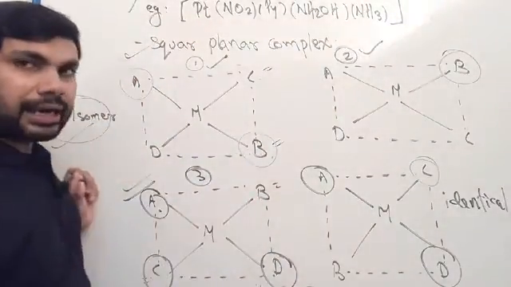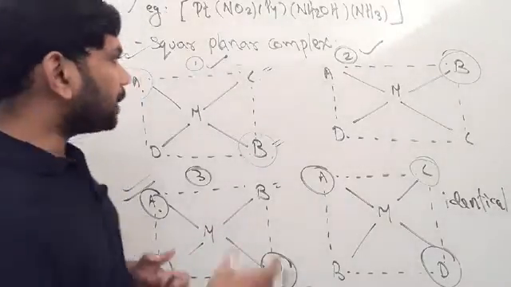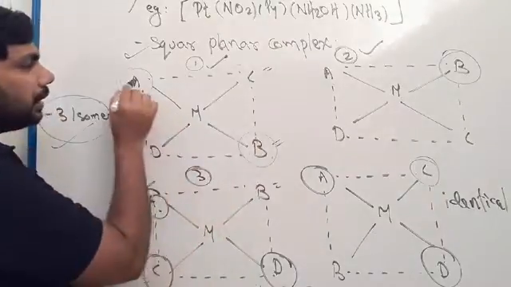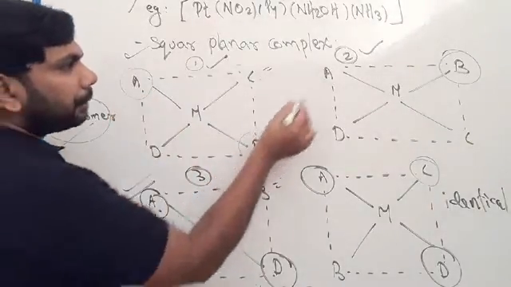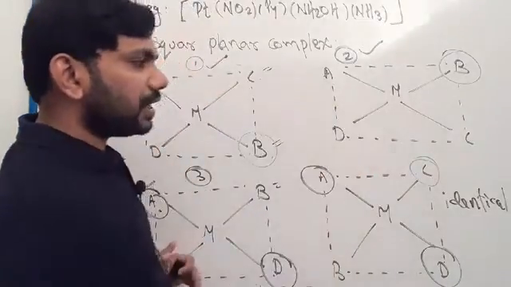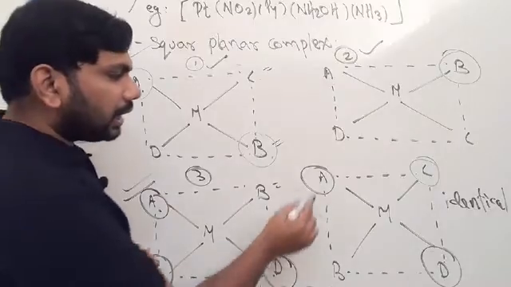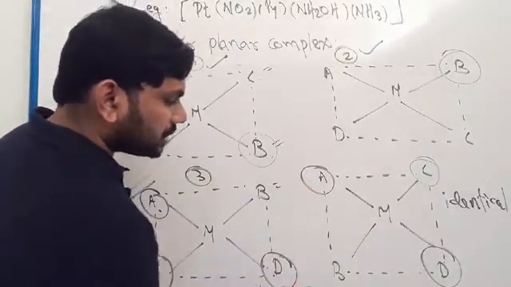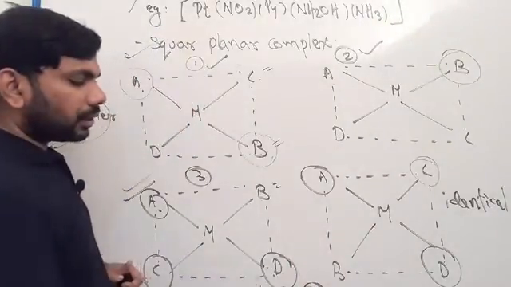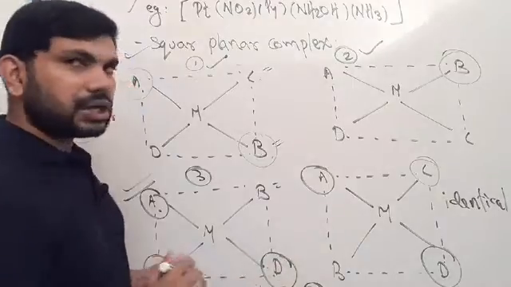If it comes like this, it is considered an identical isomer. But when you consider this and the first two isomers, here A and B, but here A and C, not the same. So they are different isomers. In this case, here A, D and here it is AD, so this is considered only one isomer. They are identical. So here 1, 2, 3, three isomers.